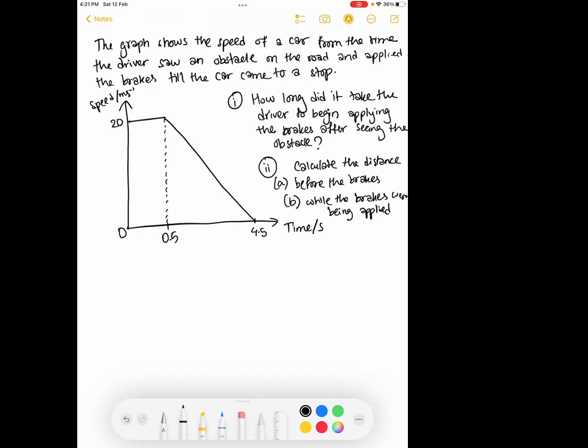And finally, calculate the average speed of the car. This example is probably more suited to this chapter.